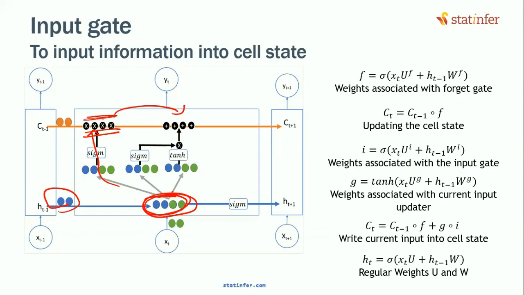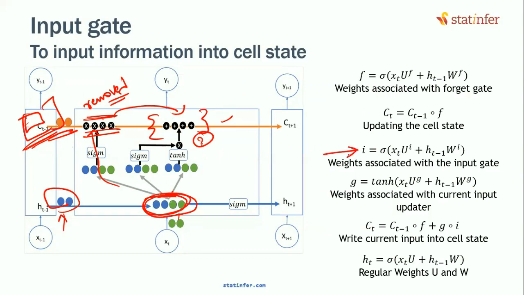Here we are erasing information that is unnecessary based on the training data, and based on the training data, we are also adding some information to the cell state. We removed the unnecessary information from the cell state, and now we are adding some info based on the current input and the previous output. What needs to be added will be decided based on the data.